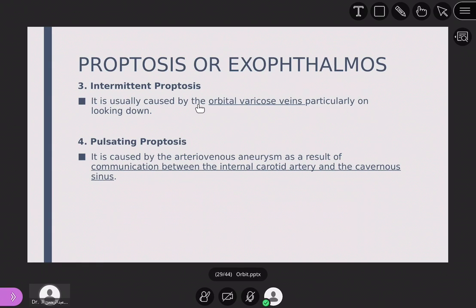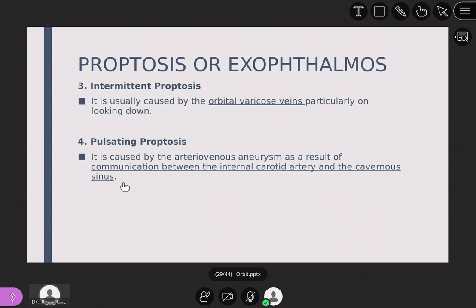However, in pulsating proptosis, pulsating means that the proptosis pulsates. There is a pulse with the proptosis, which means there is a communication between the internal carotid artery and the cavernous sinus, which is the arteriovenous aneurysm or CC fistula.